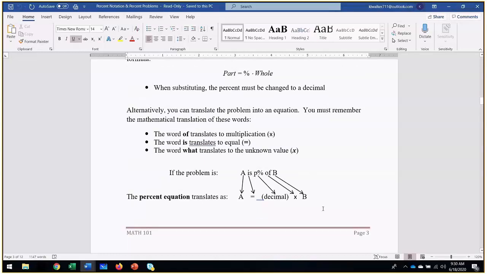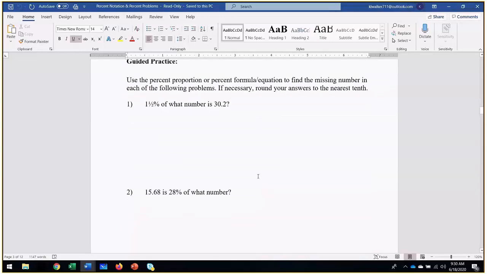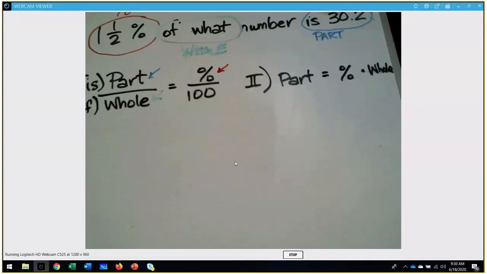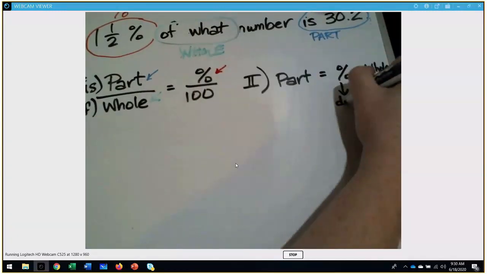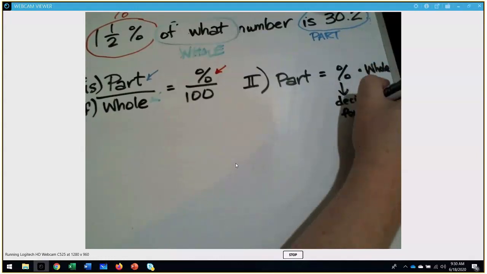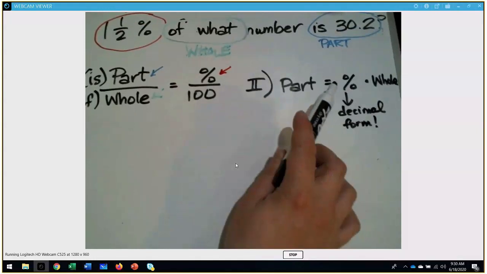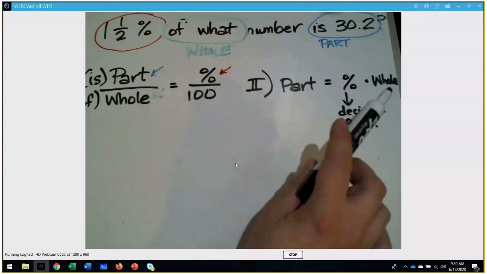The "of" is still going to go with the whole thing. The "is" is still going to go with the part. The percent now, though, needs to be converted when you do these problems. You need to convert the percentage that you're given to decimal form in order to use this equation.